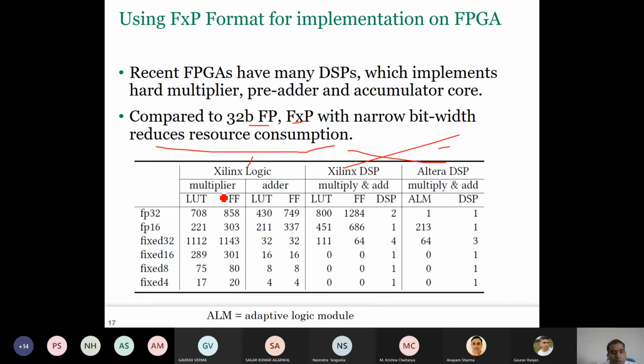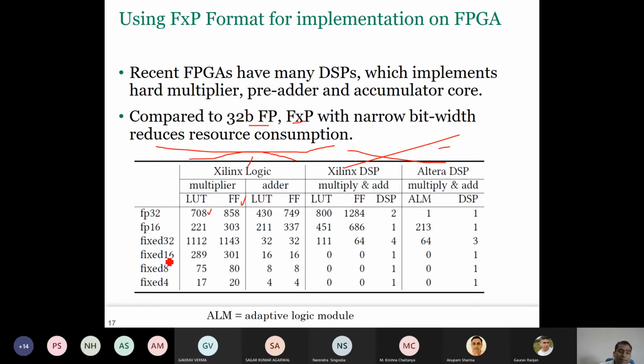So here we are trying to implement a multiplier, using only LUT and flip-flop. We are not using DSP. Here, at first go, we are not using any DSP. We are just implementing either a multiplier or adder using LUTs or flip-flops. So if you were to implement an FP32 multiplier, it would require 708 LUTs and 858 flip-flops.